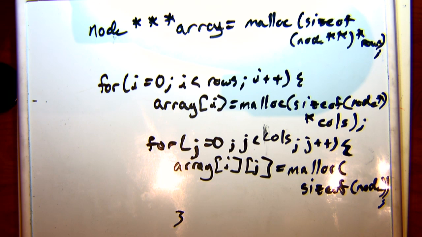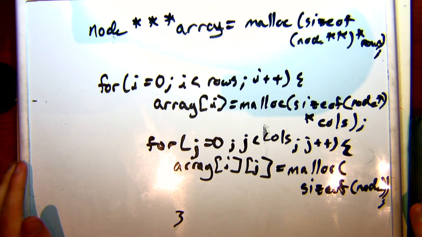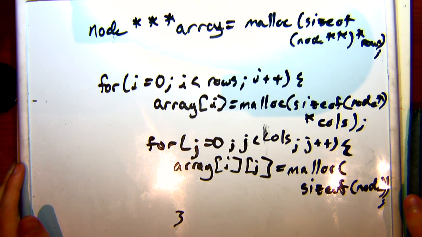So that's a kind of crazy memory allocation problem, but I did that because this shows you how you can think of pointers, because it deals with a lot of them.